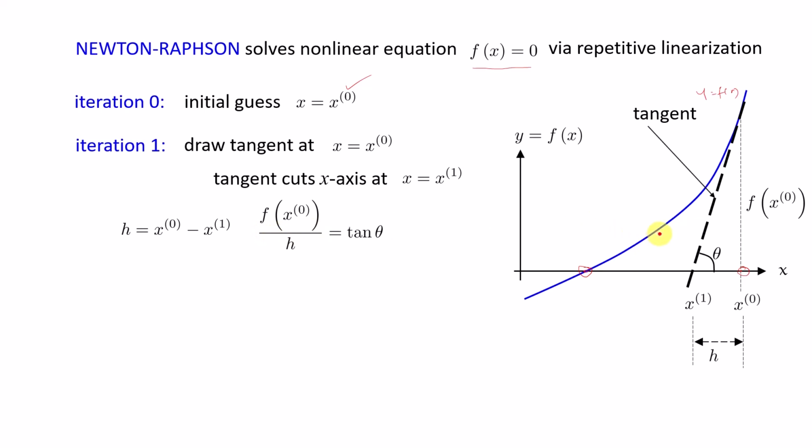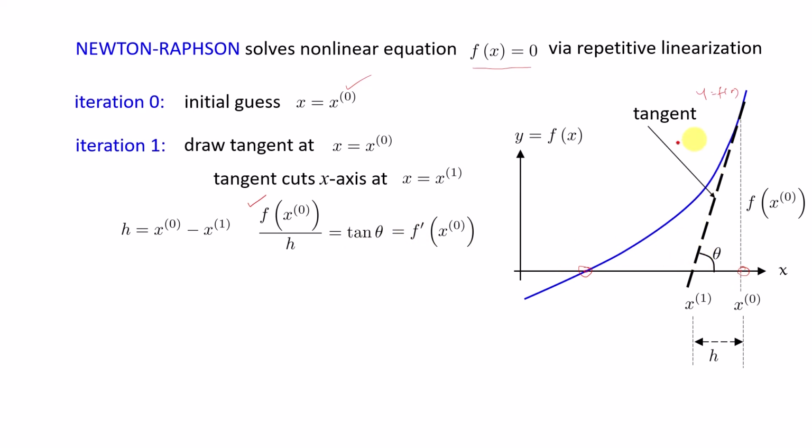Looking at this triangle, I know this dotted vertical line is f(x0), and if I take this angle as theta, then f(x0) divided by h will be tan theta, this angle.